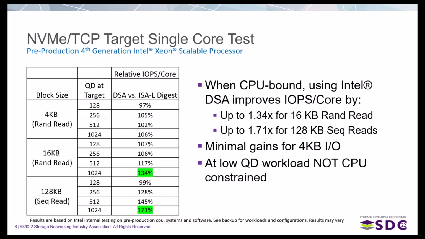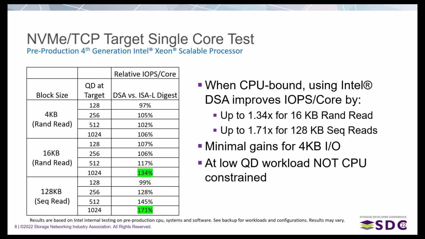And we also measured the CPU utilization for each of these tests, and that helps us compute the IOPS per core. The data that you're looking at, those percentages, are the comparisons in IOPS per core when offloading that CRC32C calculation to DSA versus doing it using ISA-L on that same CPU core that the target is running, where it's competing for CPU cycles with the rest of the work that the target is doing.